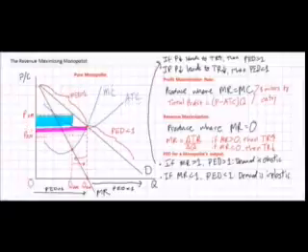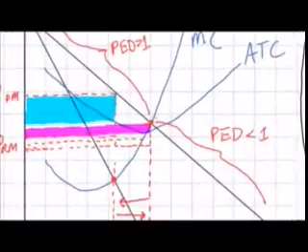This implies, of course, that there is a quantity at which demand is unit elastic, and that quantity is right where marginal revenue equals 0.